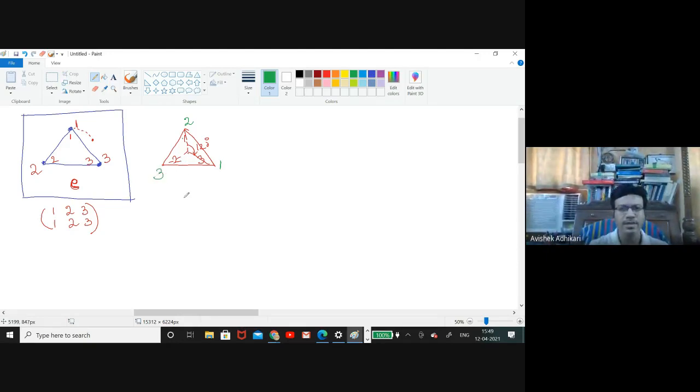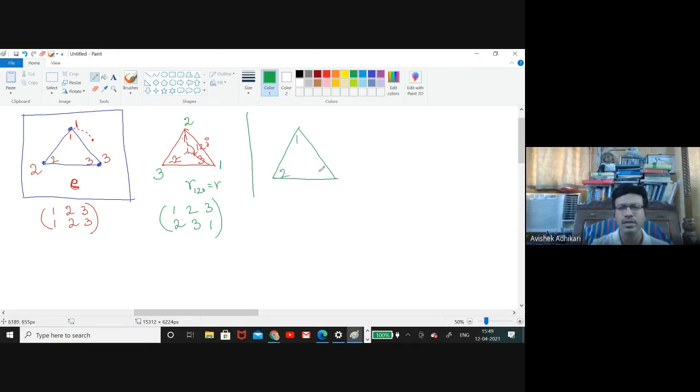So you can write it in this way. I call it a rotation through an angle of 120 degrees, and in short I write it only as R. It can be written this way: 1 goes to 2, 2 goes to 3, and then 3 goes to 1, right?